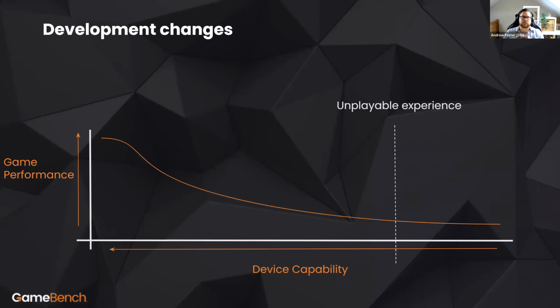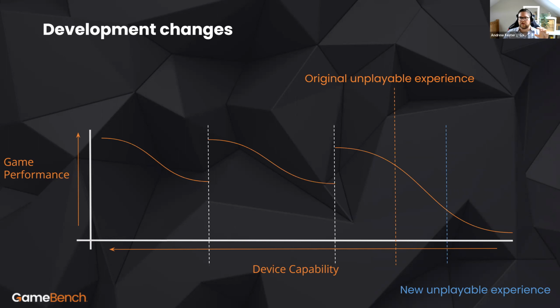So what does this do to our chart before? So from the development side, what we're aiming to do by providing different assets into different versions of the game is to move this unplayable experience line right. So all your top tier devices, you would be using like your best graphics, best experience possible.